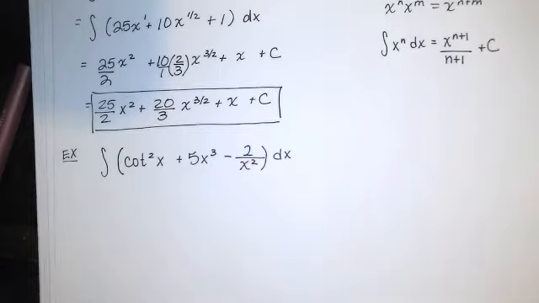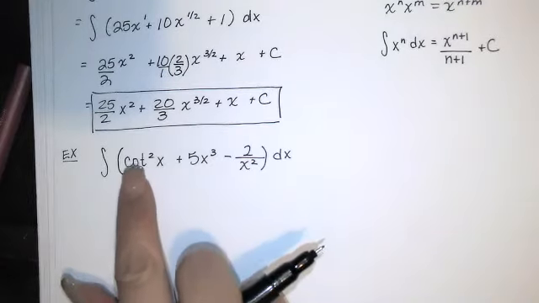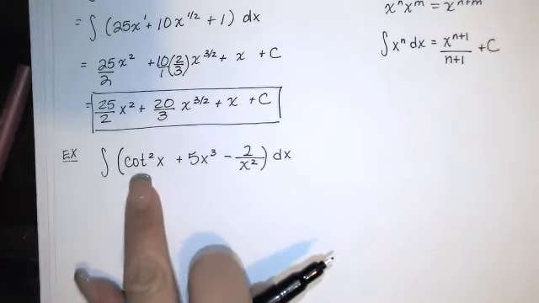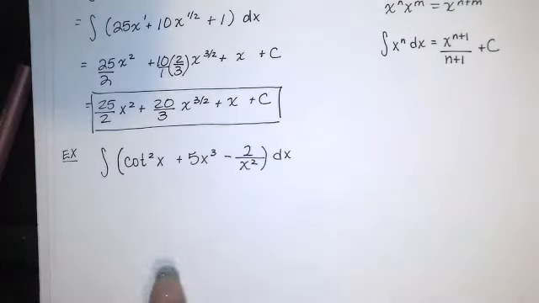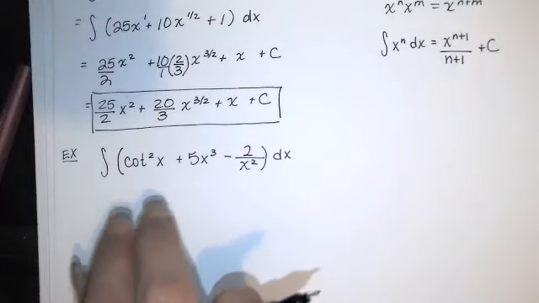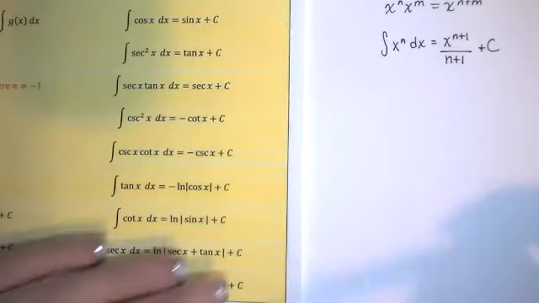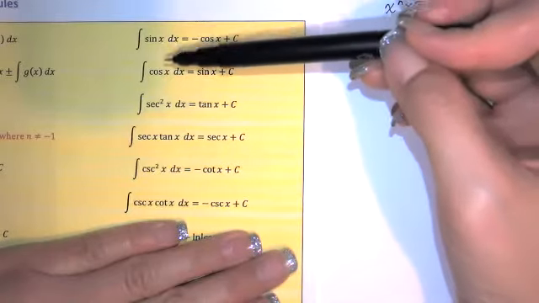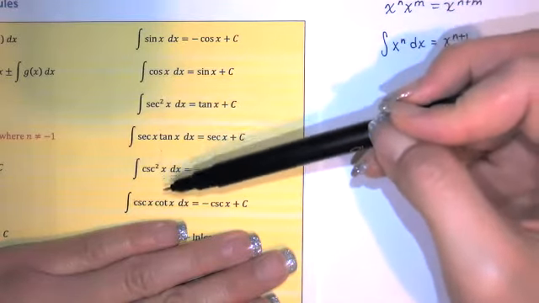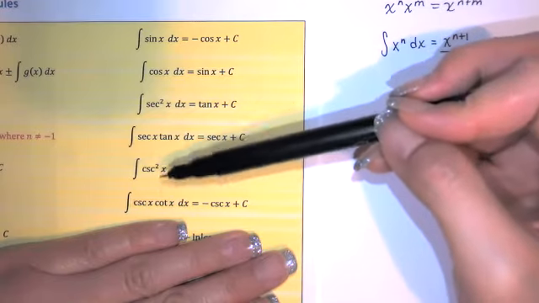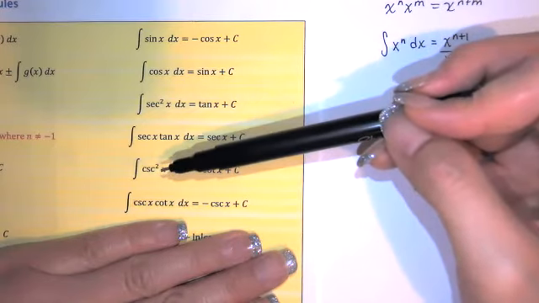Now think back to all of your trig rules. Do you have a rule for the antiderivative of cotangent squared x? Do we know a function that you can take the derivative of that will give you cotangent squared x back? Look at your list. These 6. Do I have a cotangent squared on here? I don't. The closest thing I have is this cosecant squared.